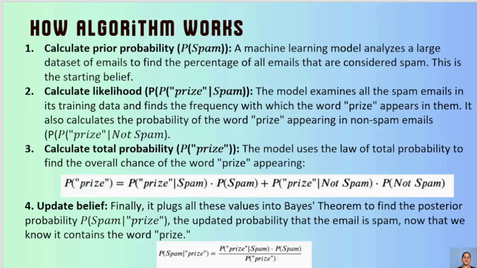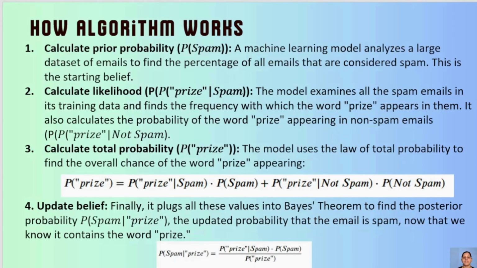Then we will see how my algorithm works, stepwise. We will understand the concept. First, we are going to calculate the prior probability, then the likelihood, then my total probability. Just take one case where we have a spam filtering system.